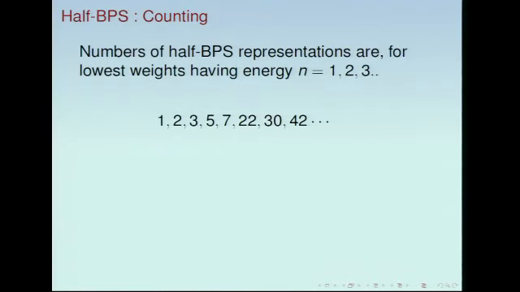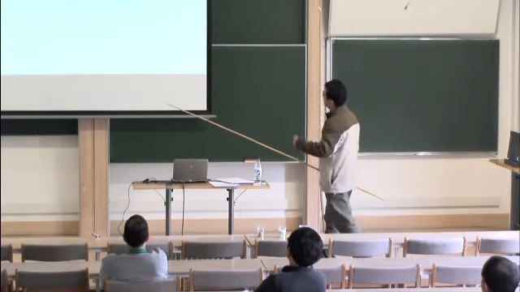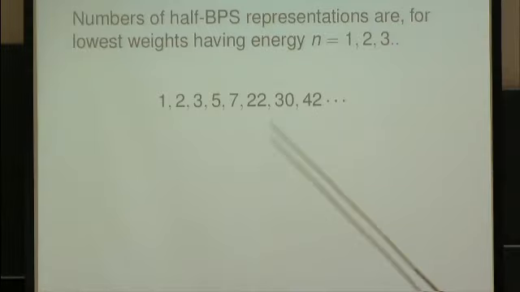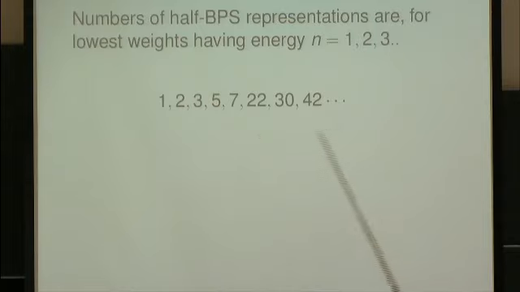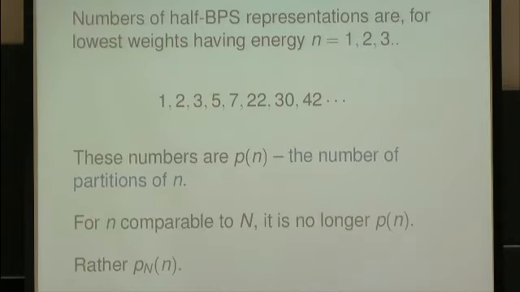So what are these numbers? How many half BPS states do we have? So if you fix the number n, which is giving us the energy of the lowest weight. So the representation is an infinite dimensional representation, but the lowest weight has energy n, which could be 1, 2, 3, and so on. So how many states do we have? Here is a sequence. That's the answer. Maybe you recognize it. It's the number of partitions of n.